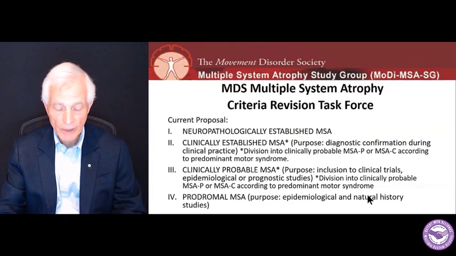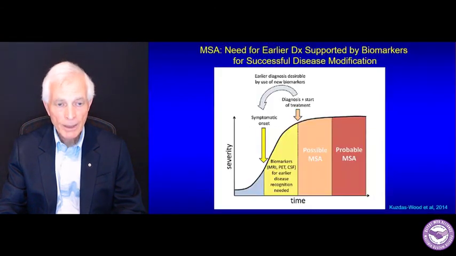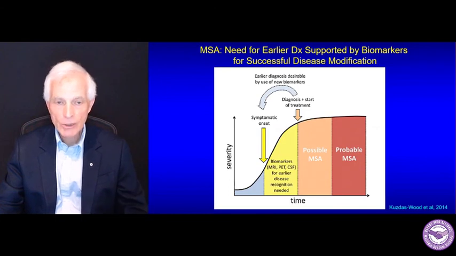So all of this is ongoing, and hopefully within the next 6 months, we'll see a final publication come from this task force. And one of the reasons for all of this work is to try to move the needle backwards. So not to have to make a diagnosis when the horse, for example, has left the barn. You can't close the barn door after the horse has bolted.